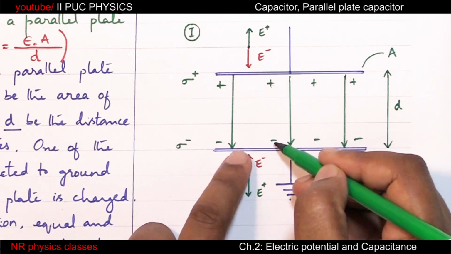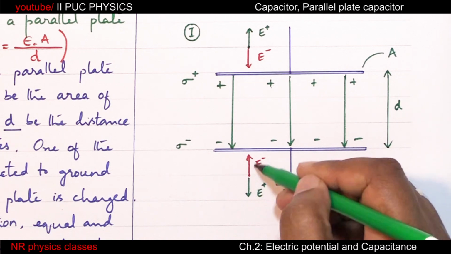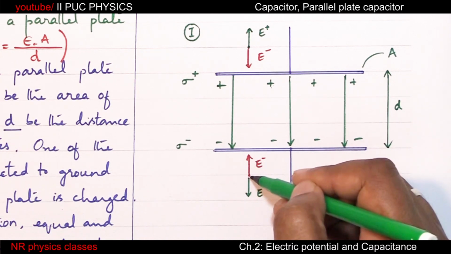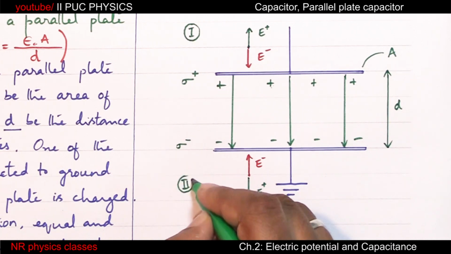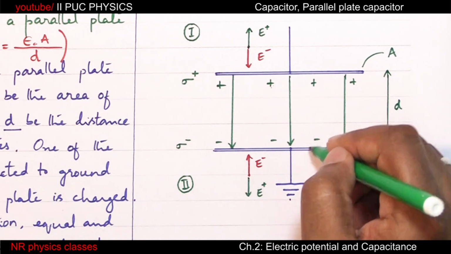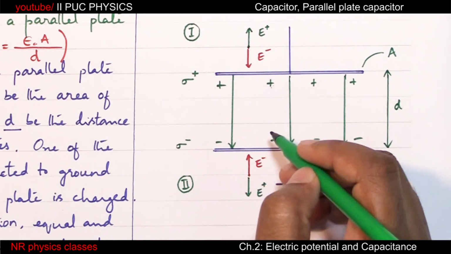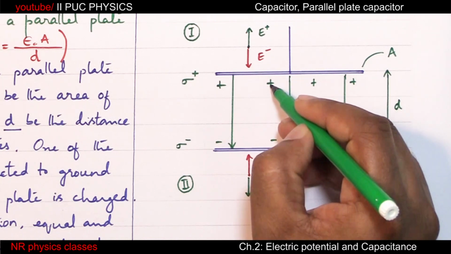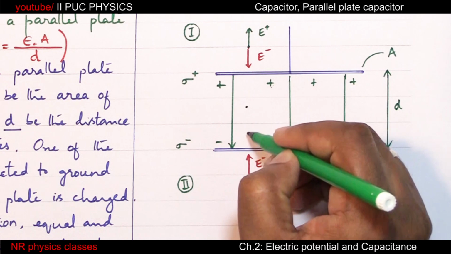Because of negative, towards. Again, these two are equal and opposite, therefore the resultant electric field is 0. This means there is no electric field above the positive plate and below the negative plate. Now in between the plates, because of positive charge, the electric field at this point is away.